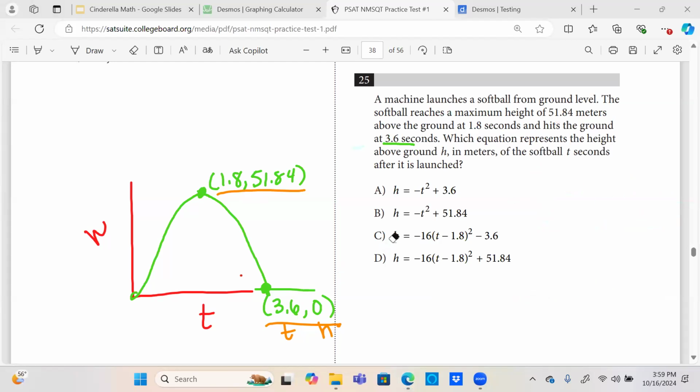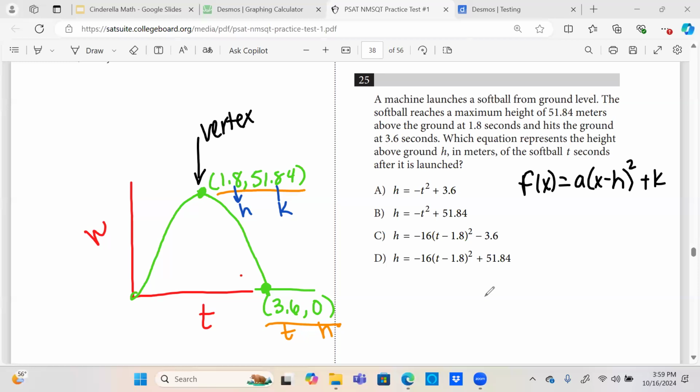Or this is a parabola, right? This is its vertex. If we know the vertex form of a parabola, which is f of x equals a times x minus h squared plus k, so this is h, this is k, which would give us a times x minus 1.8 squared plus 51.84.